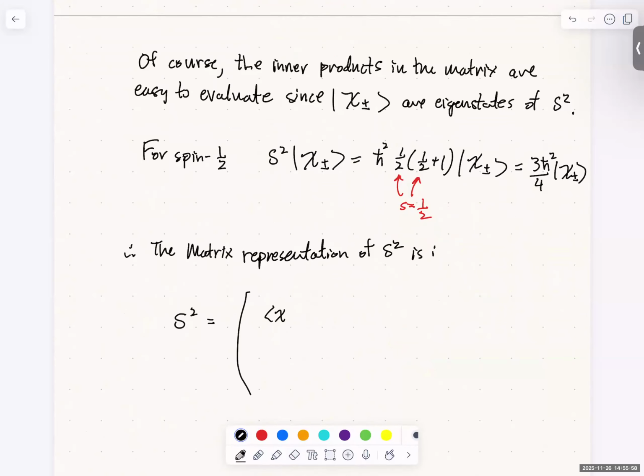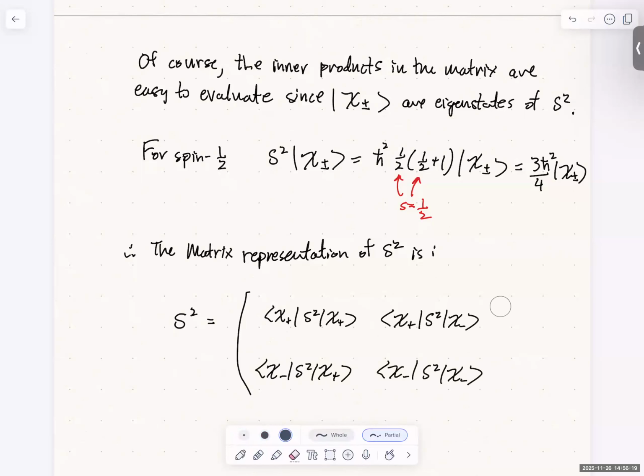So we're going to have chi plus S squared chi plus, chi plus S squared chi minus, chi minus S squared chi plus, chi minus S squared chi minus.